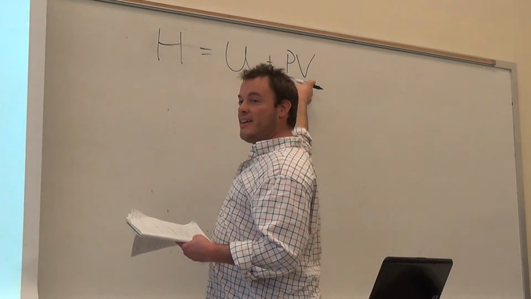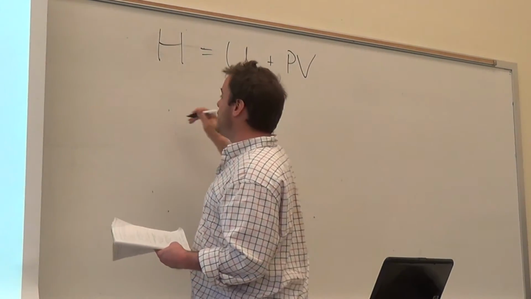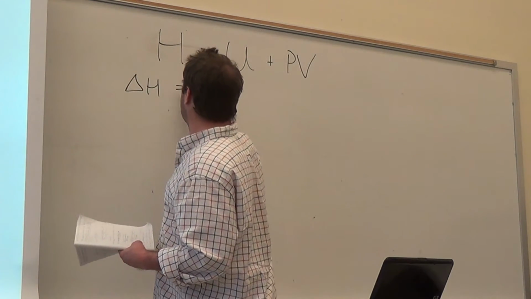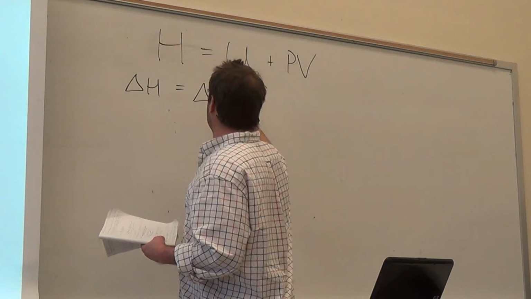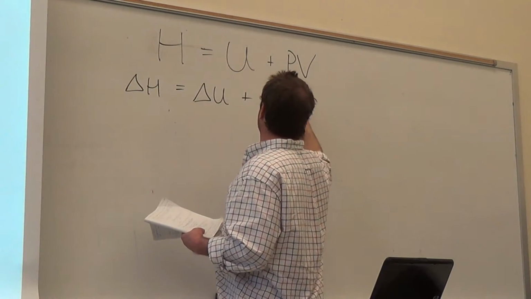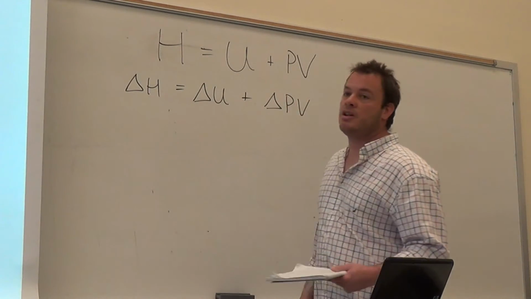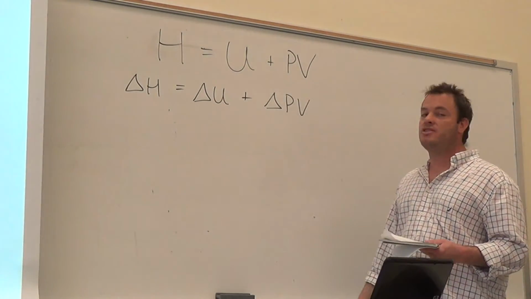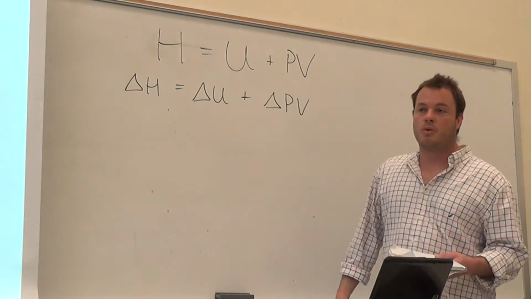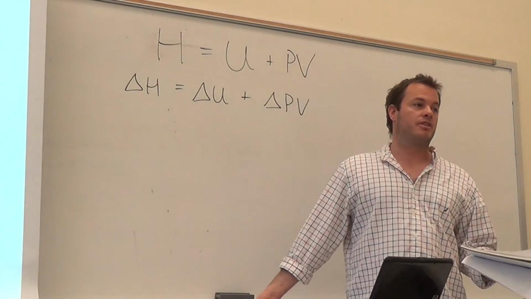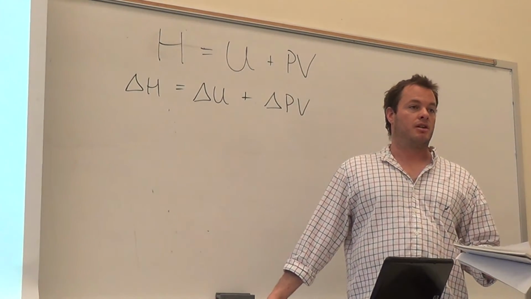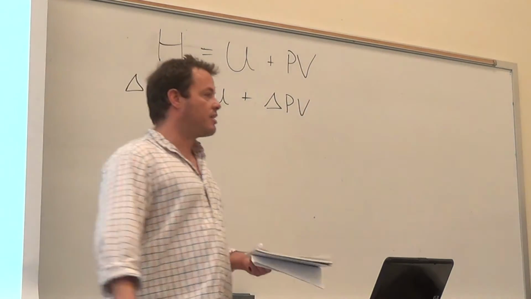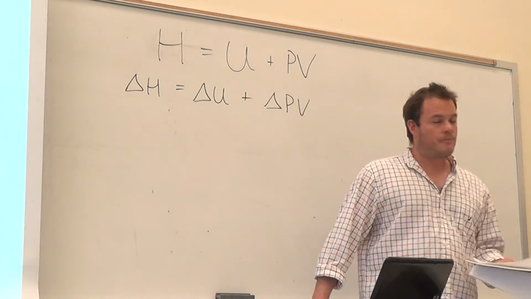And so, if we know our delta U, all we have to do is add to that a term that accounts for delta PV, and that'll give us our delta H. So delta H is equal to delta U plus delta PV. And to account for this delta PV term, what we do is we assume ideal behavior, for processes where we think that that's a safe assumption to make.